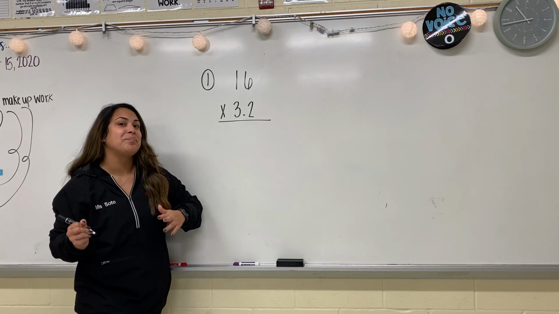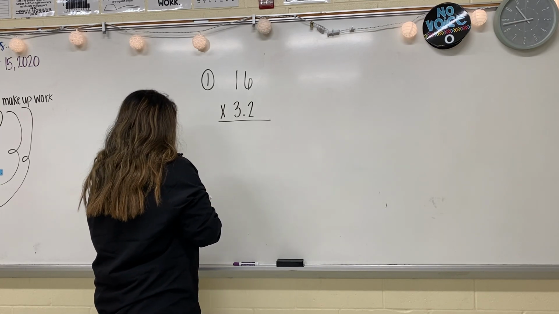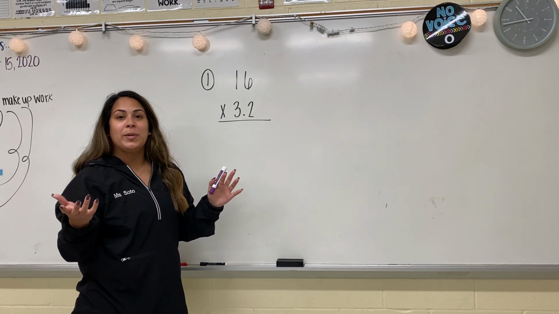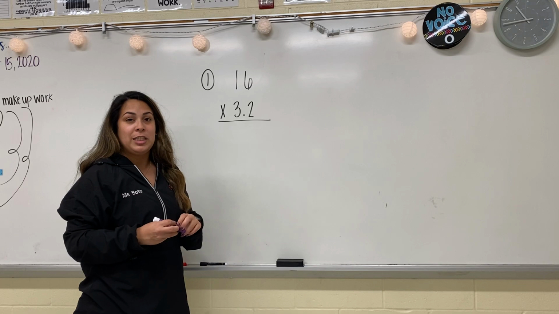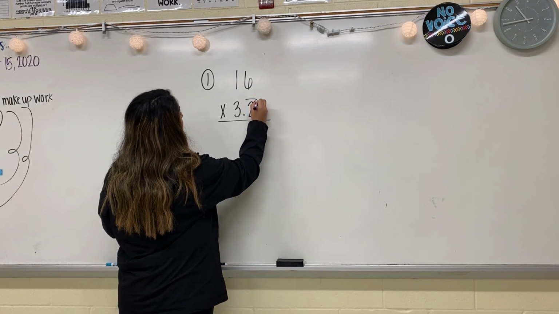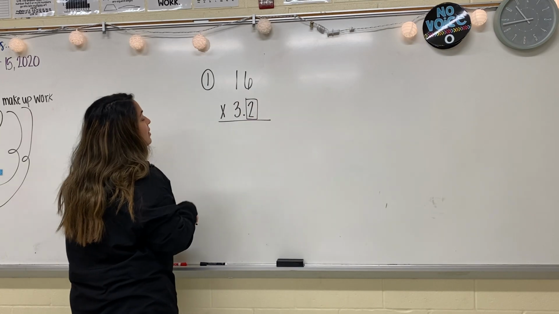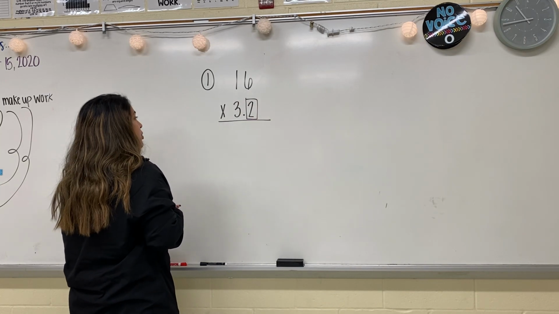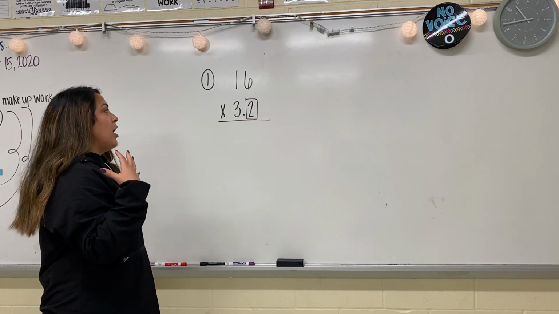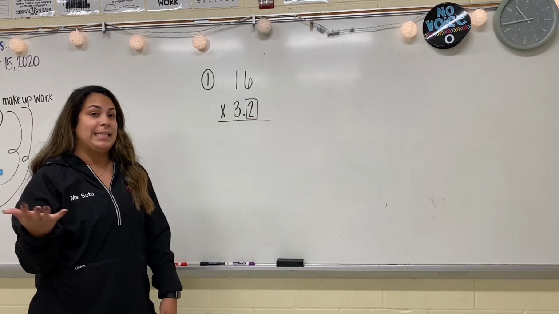Please remember that. All right, so now I'm going to work this as if this is a normal multiplication problem. I'm going to ignore the decimal point for right now. I'm going to box the number in the ones place, or in this case, the tenths place, to show that this is going to be the first number that I'm going to multiply 16 by.